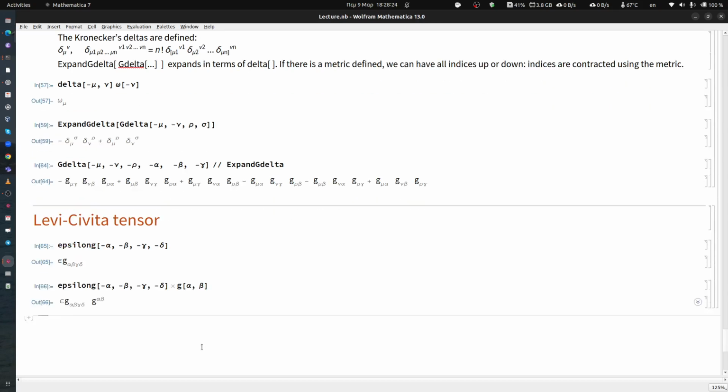So this is the inverse metric, of course. And if you want to see that this is actually equal to 0, then you have to use ToCanonical or simplification. And this is indeed equal to 0.